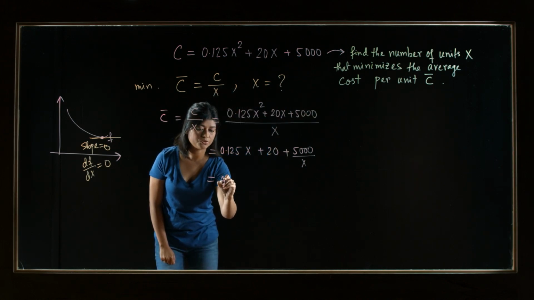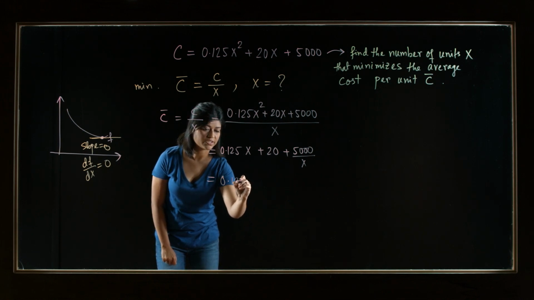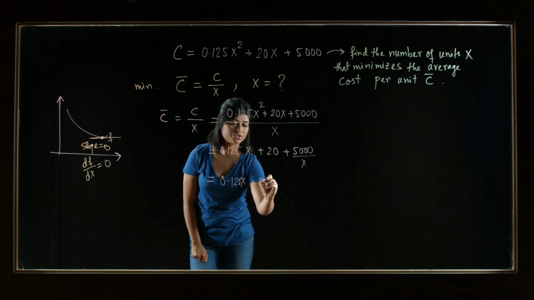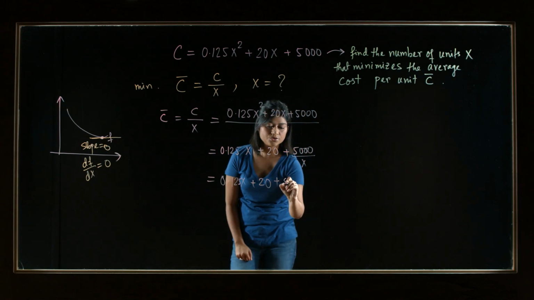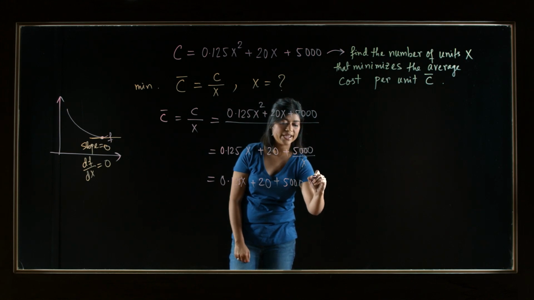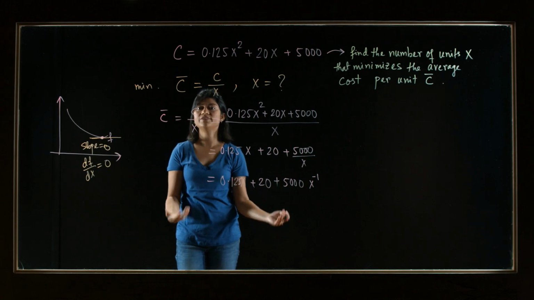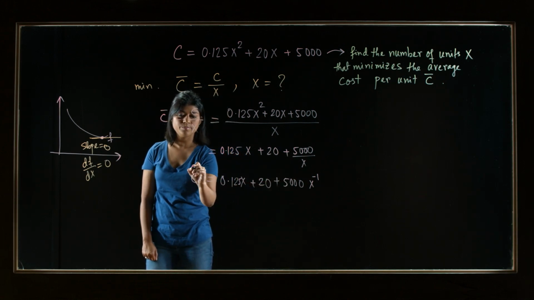Now I want to rewrite this one more time: 0.125x plus 20 plus this last term, I want to write it as 5,000 times 1 over x, which is x to the power negative 1. The reason I wrote it this way is so that I can take the derivative easily. All right, so this is our function C bar.